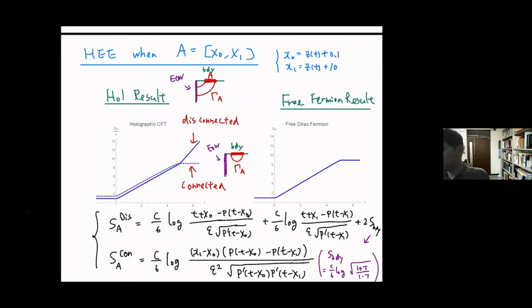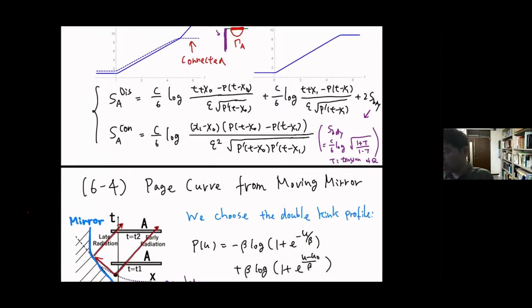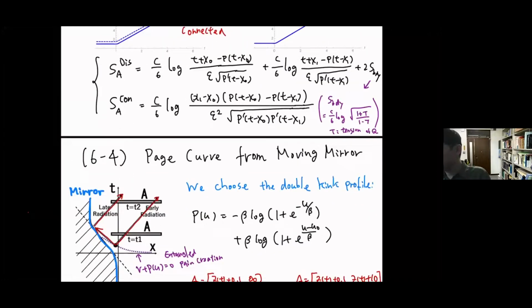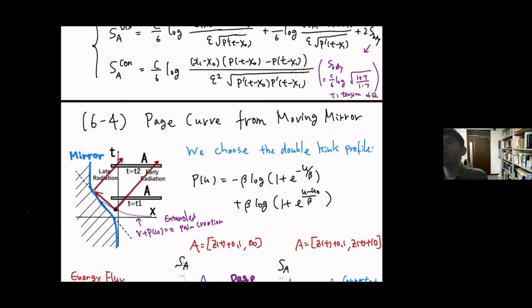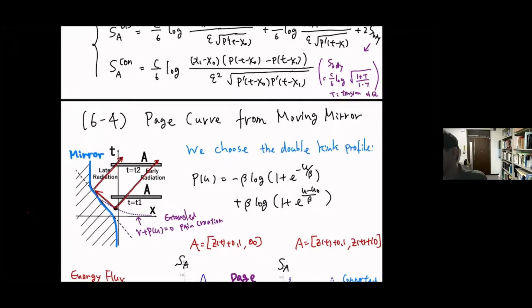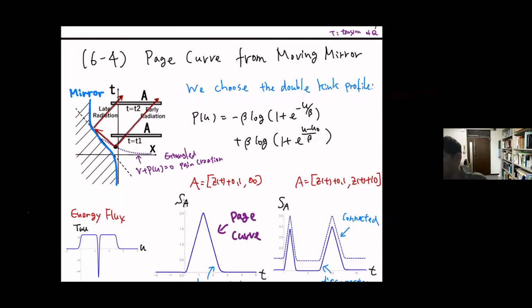That's a small difference. Anyway, the final point is, what about the Page curve, right? We want to mimic a kind of Page curve. The Page curve means we have some black hole evaporation and some system disappears, and we can actually model such a situation by changing the location of the mirror twice.